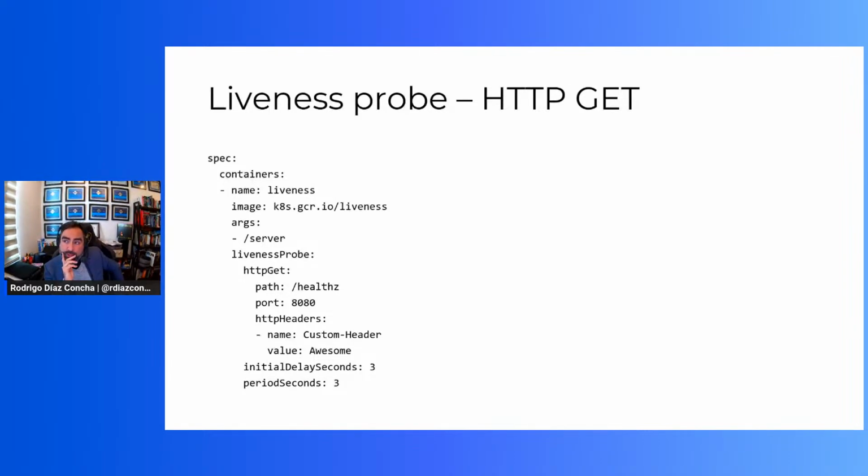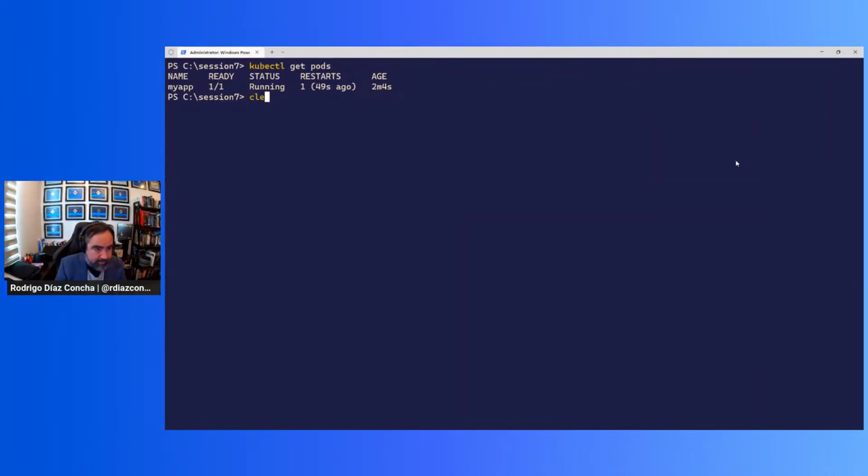What would you do if you want to implement this in your applications? You need to implement this endpoint in your microservices or containers. So, for instance, I'm just going to use .NET Core because I happen to be a .NET user since 20 years ago.